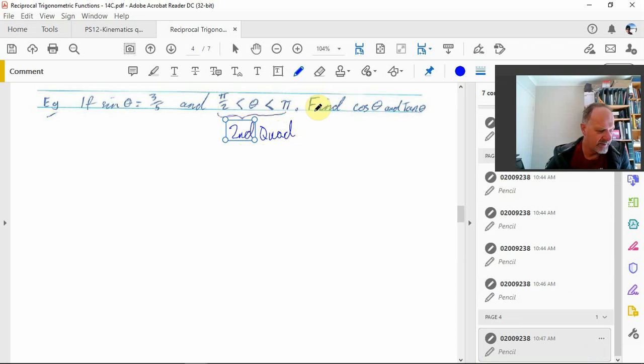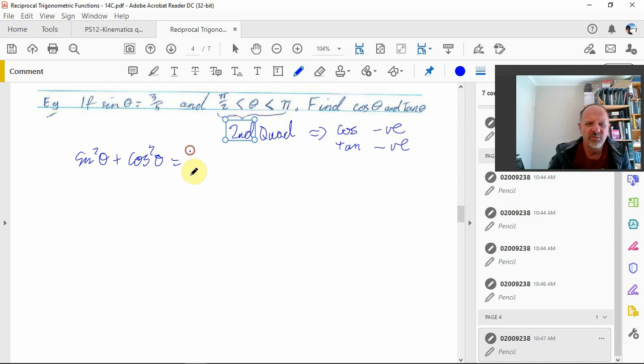So we'll use that later because in the second quad, cos is negative and tan is also negative. All right, so if we look at the Pythagorean, sine squared theta plus cos squared theta is equal to 1. And we know what sine is, so that's 3/5.